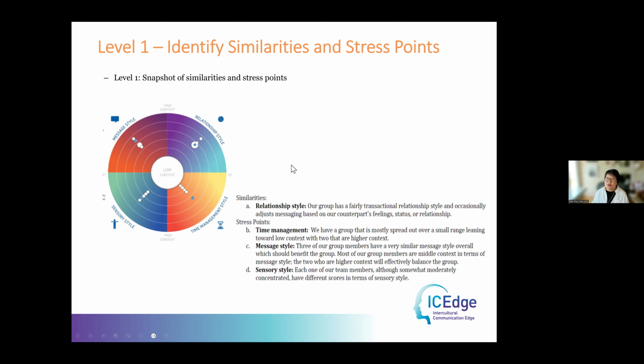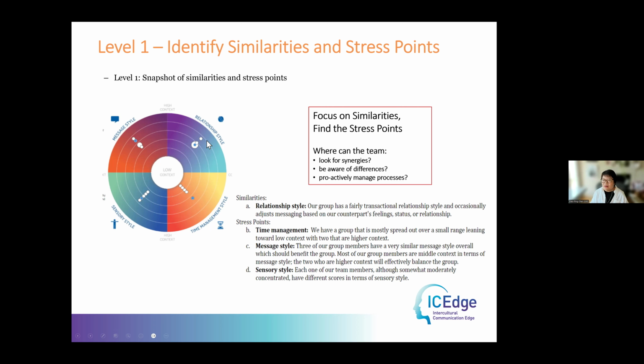If you look at this team profile, you can see this team is so different in terms of communication style. The message style is quite different, the sensory style is quite different, and the time management style is very different. The only one that has more similarity is the relationship style, right? So the team did their own analysis. This is the team's analysis.